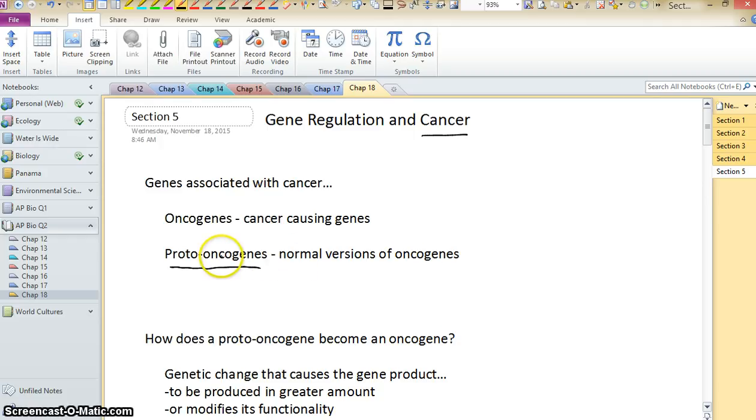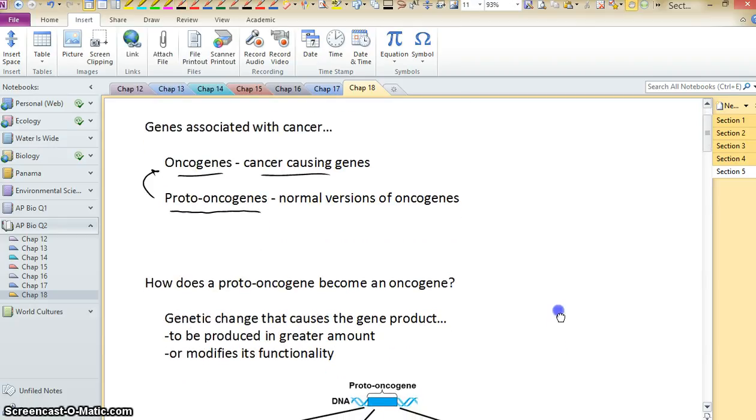And when they have mutated and are now promoting uncontrolled cell division, or not preventing uncontrolled cell division, they're known as oncogenes. So proto-oncogenes become oncogenes, and once they're oncogenes, they essentially promote cancer, if you will.